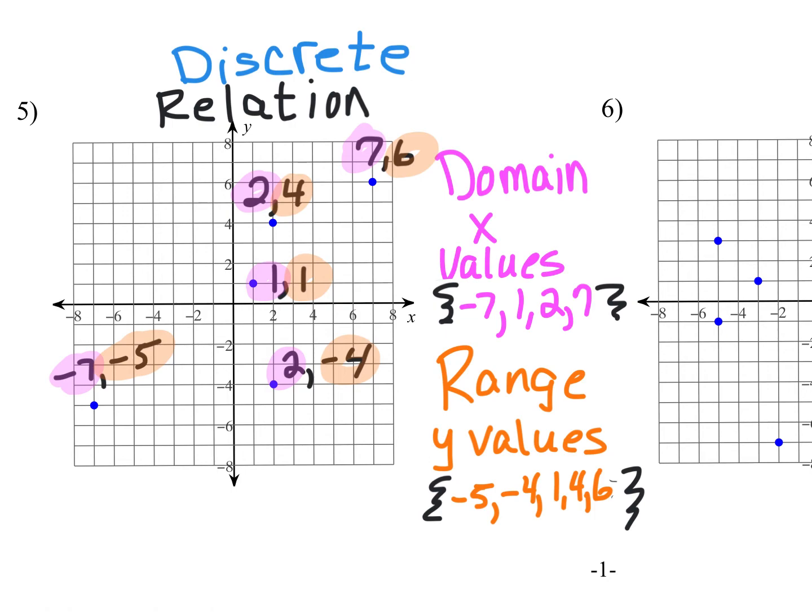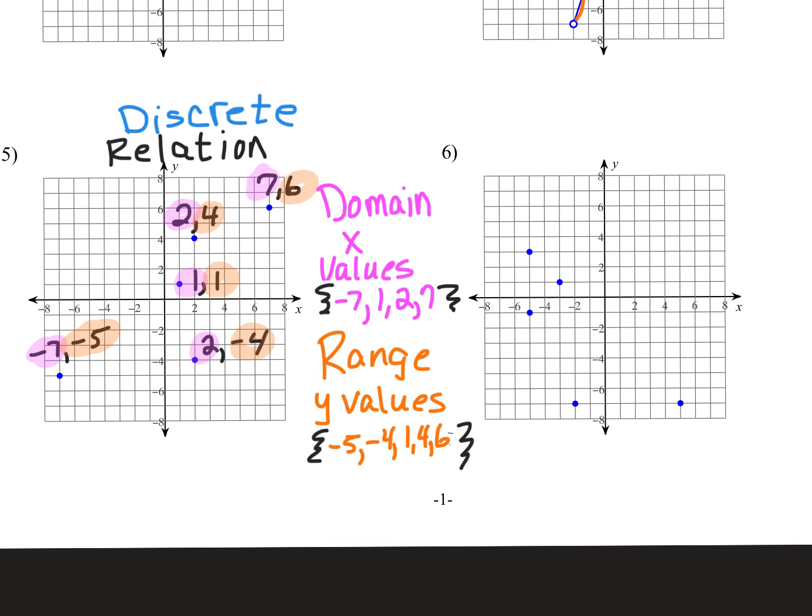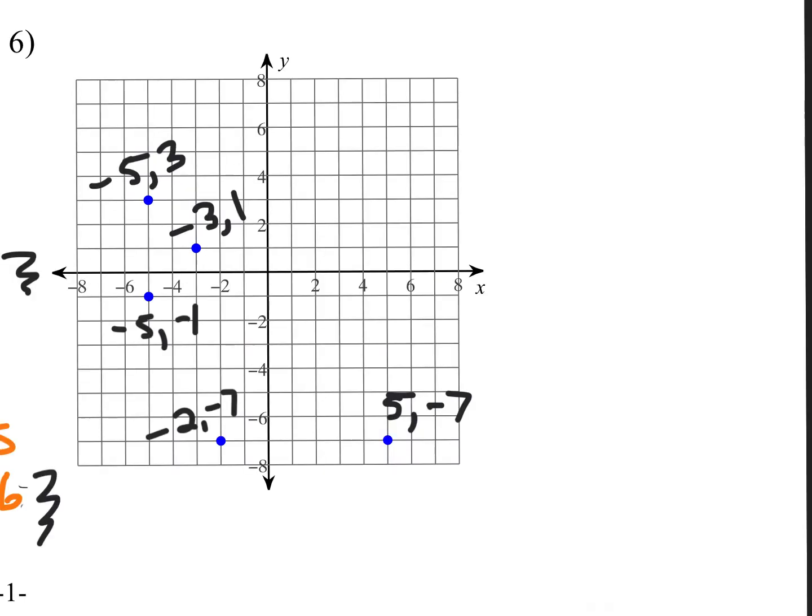I'd love for you to pause the video and take just a second to try to do the domain and range on your own for number 6, and then restart the video when you're ready. All right, so hopefully you did what I asked and paused the video, and now you're ready to try it yourself. The domain, again, are the x values. So I labeled all of my ordered pairs, and I'm going to highlight them to make it easier to see.